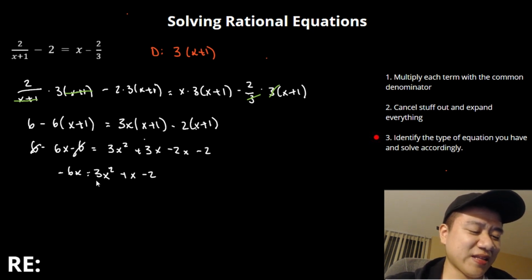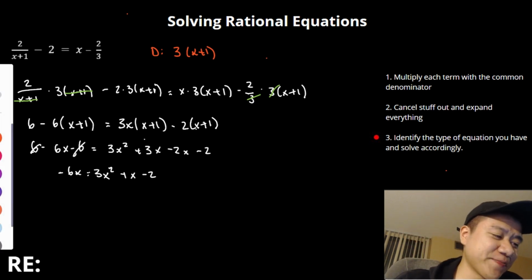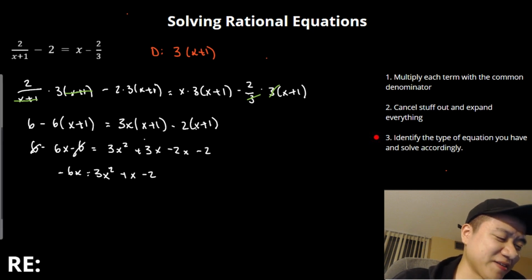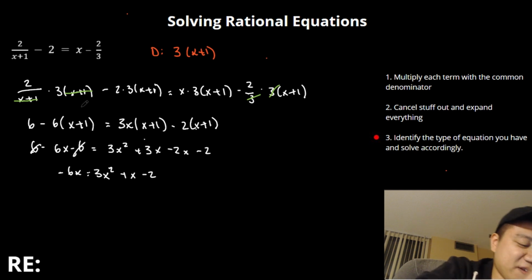So this is our quadratic term, and all of these other terms are either degree 1 or 0. So we can solve this just like a quadratic equation. If you remember how to solve these, all we have to do is have 0 on one side and everything else on the other side. So that's what we're going to do.